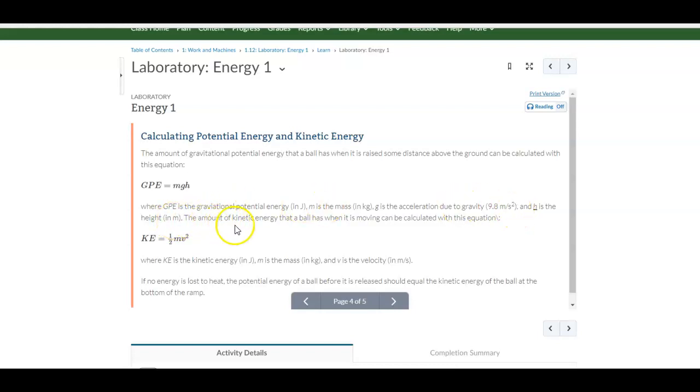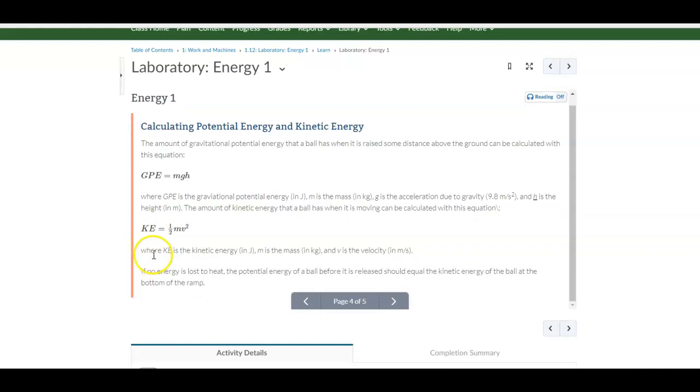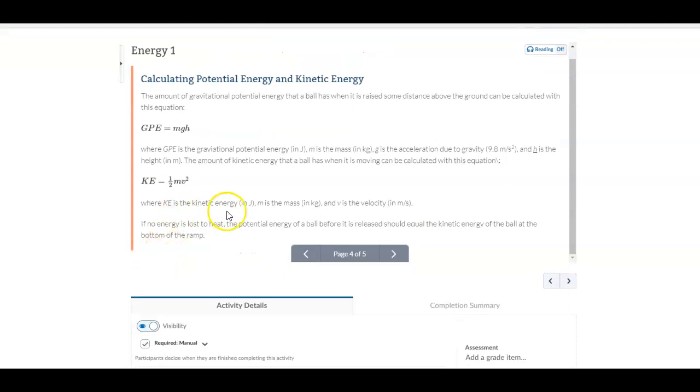So the amount of kinetic energy that a ball has when it's moving can be calculated with this equation. Okay, this one's a little difficult. You have to use some of your math skills, but you know that kinetic energy is also measured in joules. m is the mass of the object. There is no height as a factor here. So we don't have the height and we don't have the acceleration due to gravity. Now we're looking at the speed.